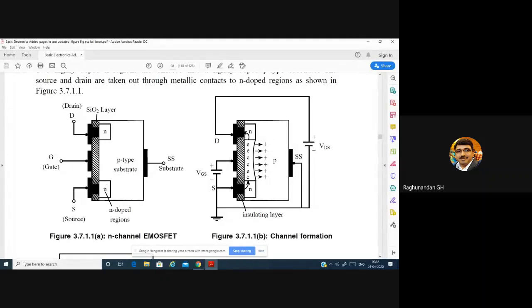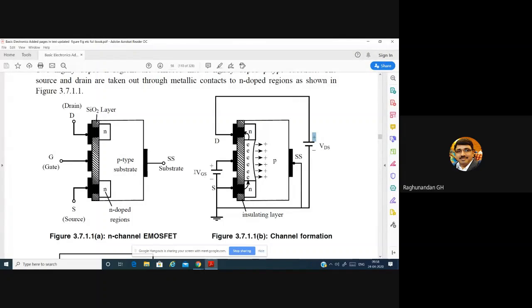Now we apply the drain voltage. In order to attract this electron, what kind of voltage do we have to apply? We have to apply positive voltage. So we applied positive voltage across this, and since this is also n type, this is also n type, this is also n type, all the electrons start flowing.